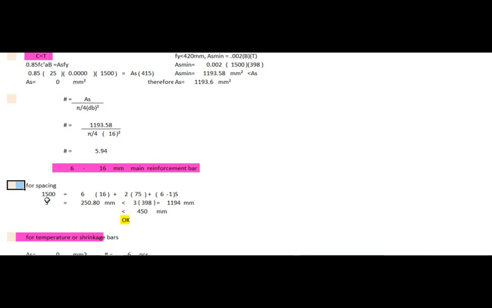For spacing of rebars in 1500: 6 numbers times 16 bar diameter plus 75 clear cover times 2 both sides, plus (6 number minus 1) times spacing s, so spacing is equal to 250.8 mm. As per the code, it must be lesser than 3 times h, which is 1193.58, and 450 mm, so it is okay.